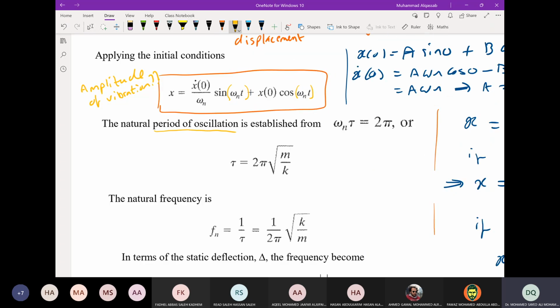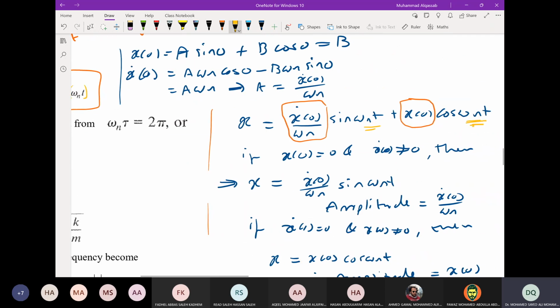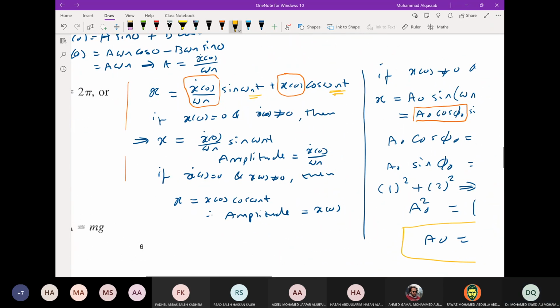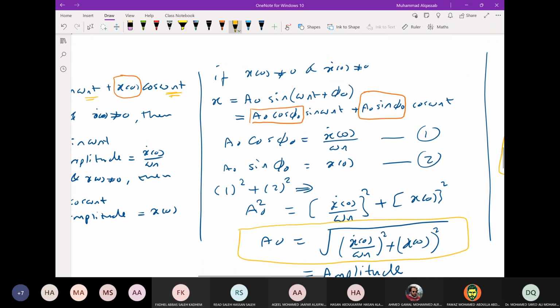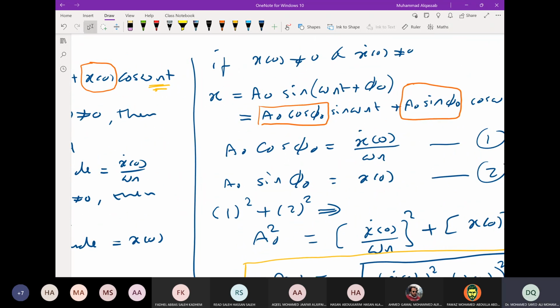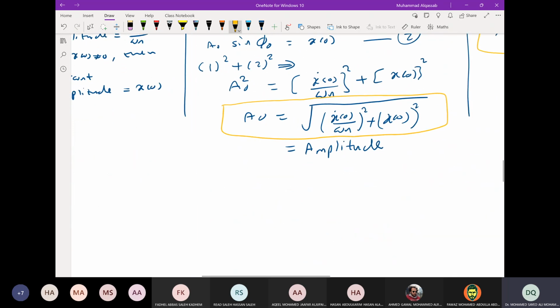As you can see, it is a sine wave. You can put it as a sine wave, which is a0 sine omega nt plus phi 0. So it is going to oscillate as a sine wave with amplitude equal to a0, and there is a phase. If the phase is 0, this is a sine wave that starts at phi equal to 0.